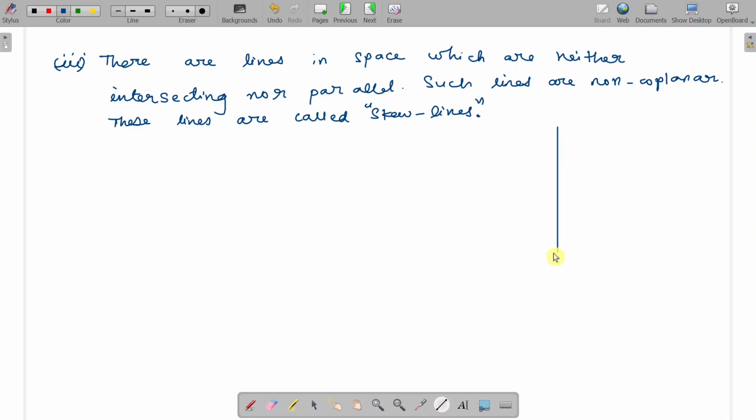So suppose this is the z axis, y axis, this is the x axis, and this is the origin. Then we can draw here a cuboid in this way.